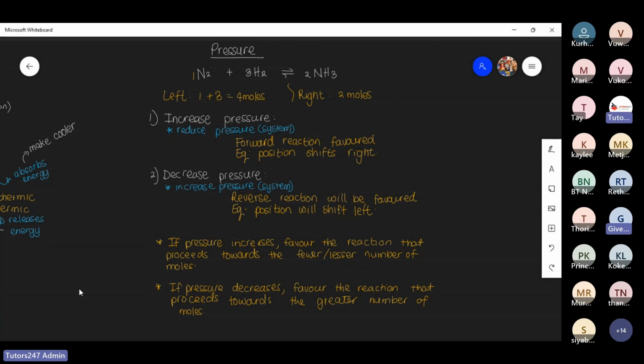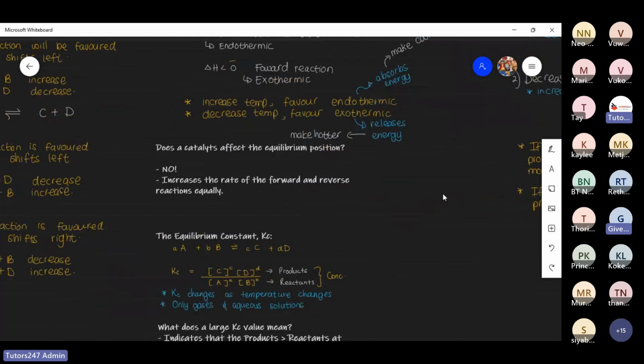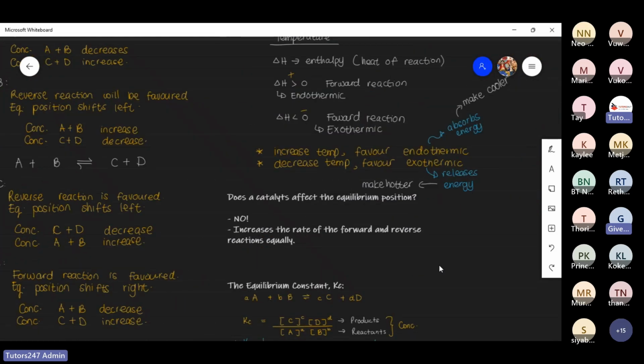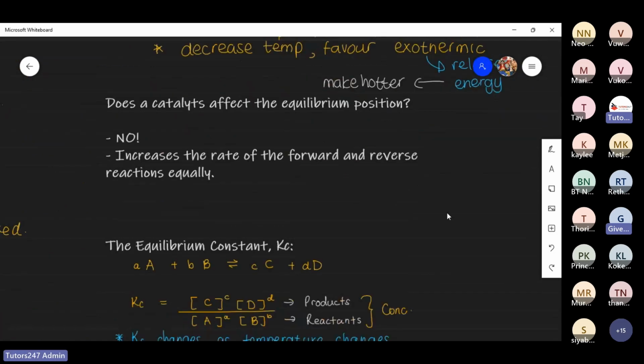Let us discuss what a catalyst does and how it affects our chemical equilibrium, if it does. Now, what is a catalyst, first of all? A catalyst is a substance that is added to a reaction, and that substance increases the rate of the reaction.